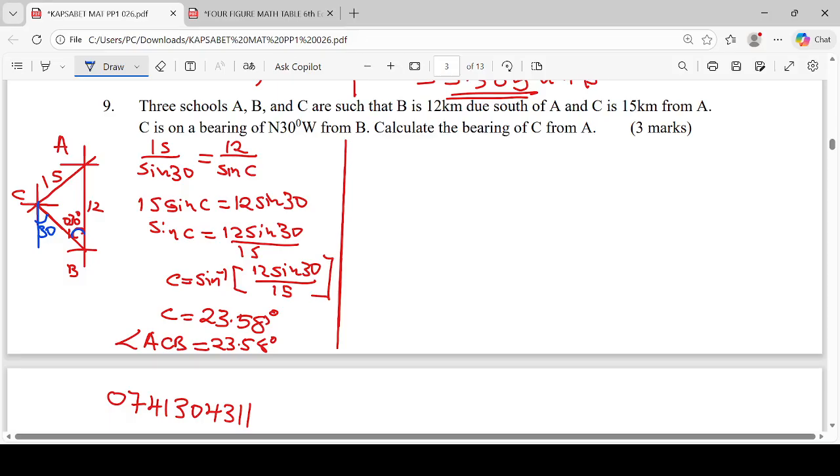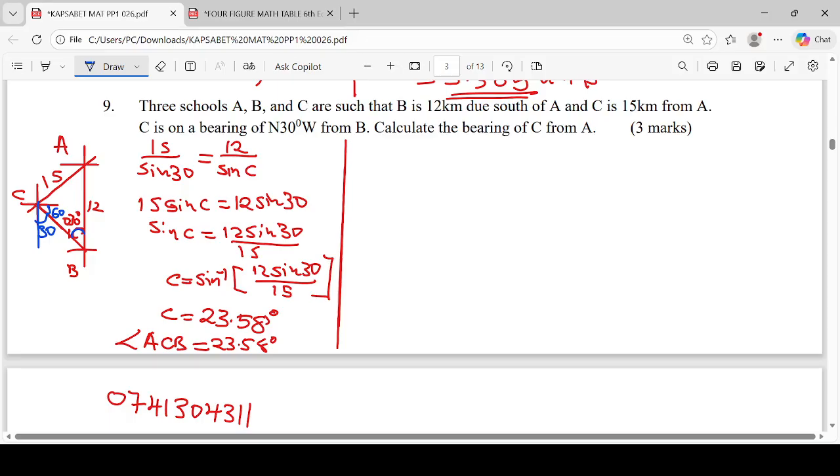And we know that alternate angles are equal. If this angle is 30, from south to east it should be 90. So this angle here should be 90 minus 30, which is 60.